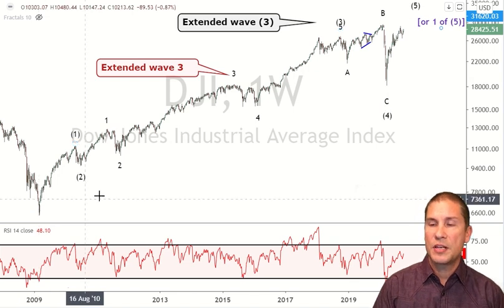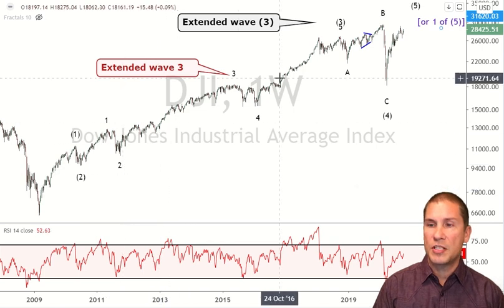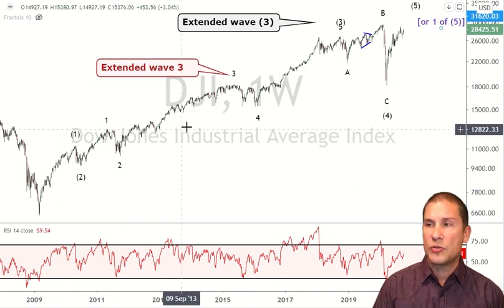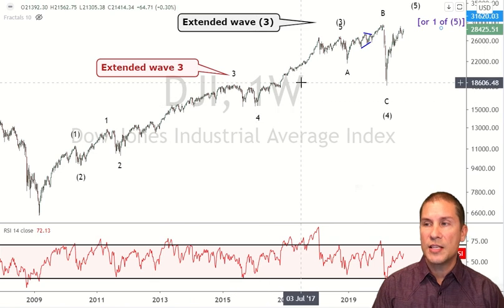Within this chart going back to 2009, the large rally off of that 2009 low is a larger impulse wave that I believe finished in early September of this year. So it was a wave that began in 2009 and finished in September of 2020. So this is a longer term wave.